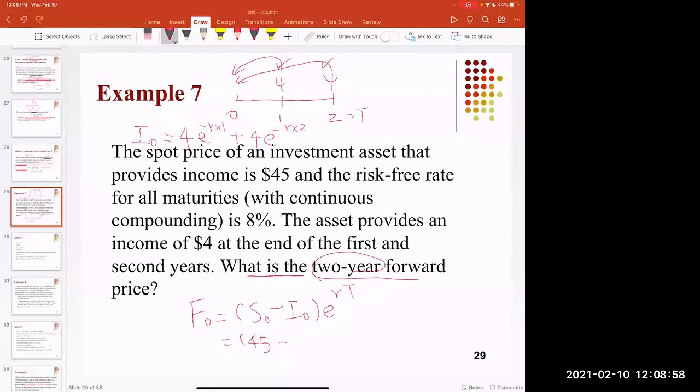R equals 0.08. You can find the present value of all the investment income first. So tell me what's I0. Find I0 first.